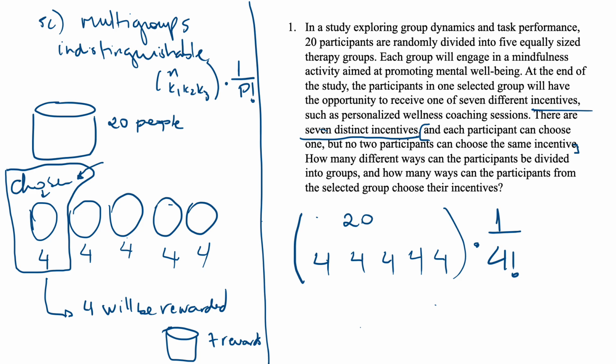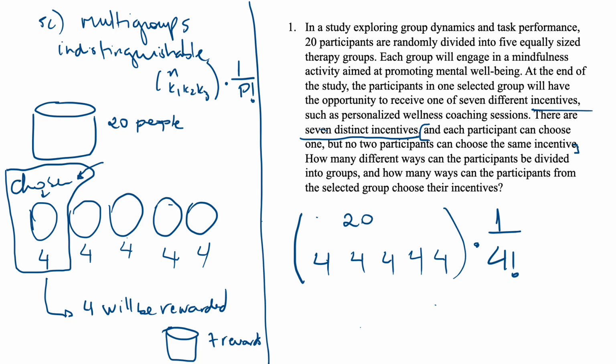I get inside this group where I have 4 people, and they have to choose within the 7 things. But it says like this: 2 participants cannot choose the same incentive. Right? So you are in this world of selecting, and you can't select the same reward.